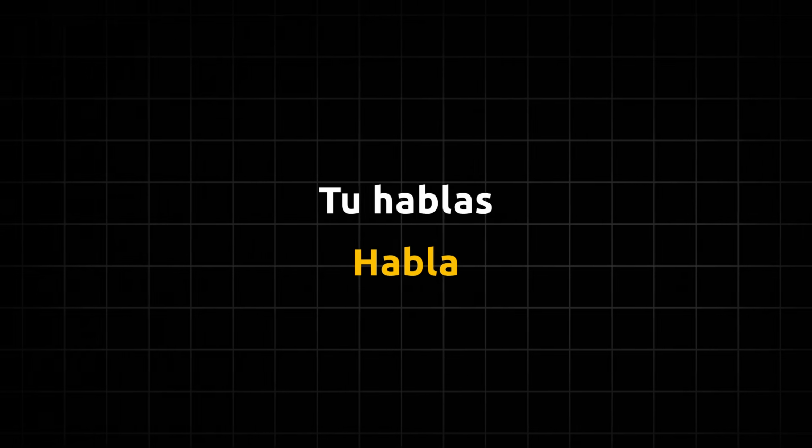For example, in a regular way, it would be tú hablas. The command would be habla. Or tú comes is the simple present. Come is a command. Tú vives, vive. Like Frankenstein, vive, vive. It's a command.